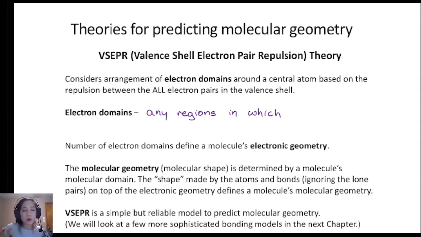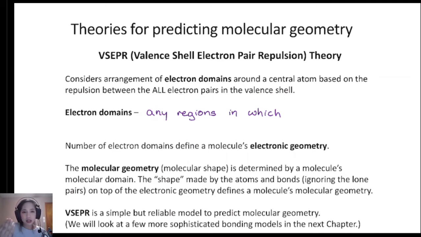It considers all of the electron domains around a central atom. When we talk about electron domains, we mean all bonding electron pairs and lone pairs, or non-bonding pairs of electrons. We base this theory on how many electron domains are around the central atom, and we think about the repulsion between all these electron pairs equally.